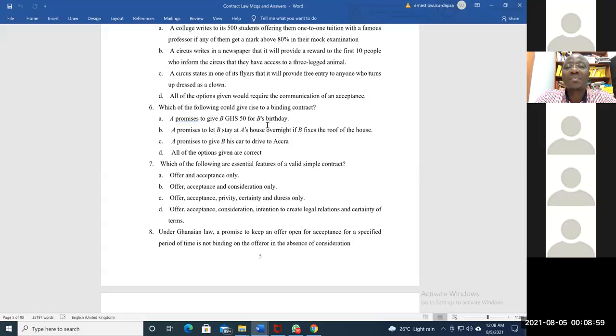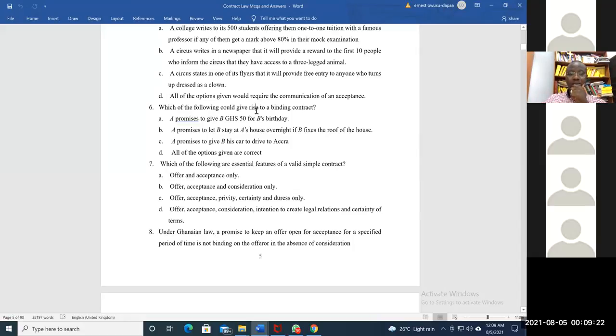And so you still have to accept that offer. Getting 80% in the exam, by the professor, you still have to accept the offer from the school because the wording of A itself alone shows that it is an offer.